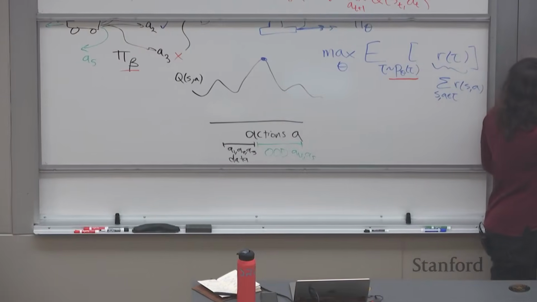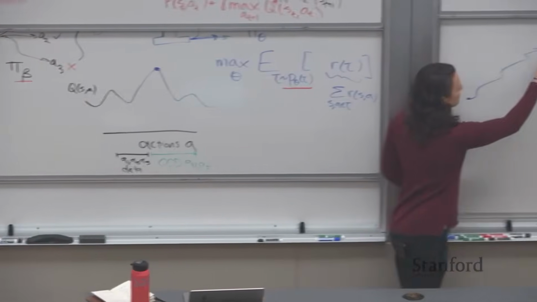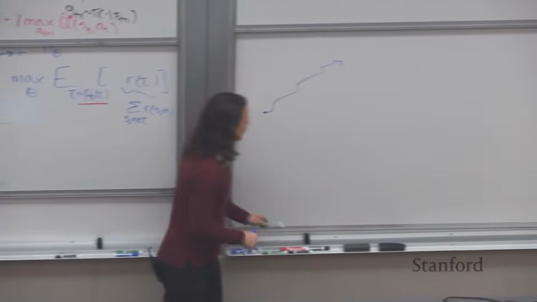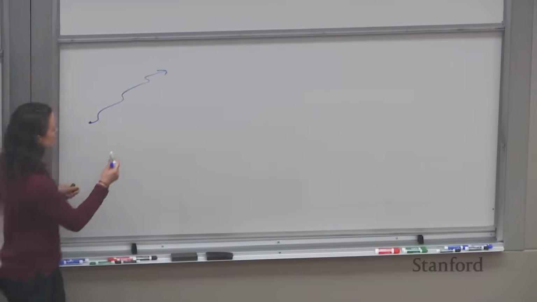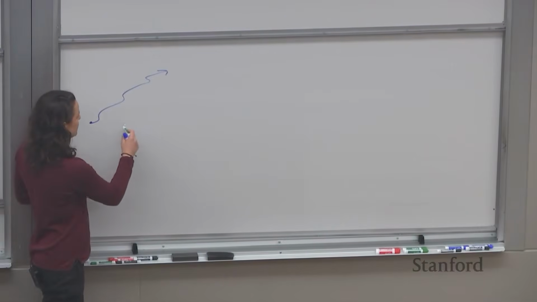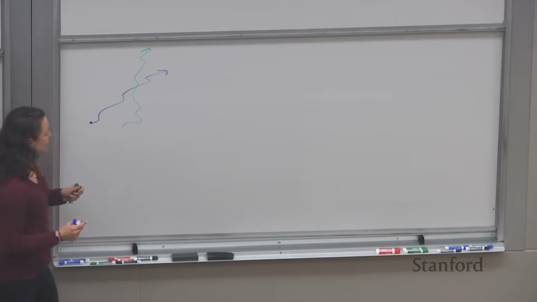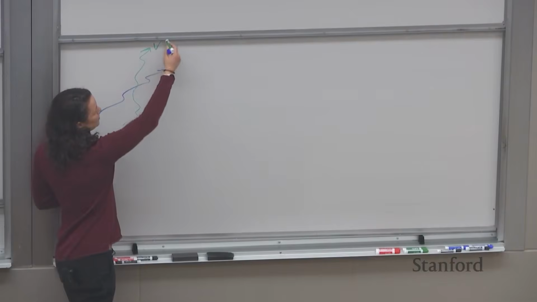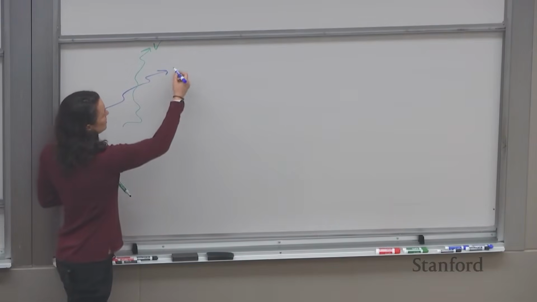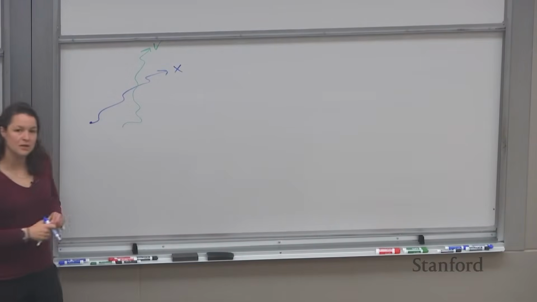Say you have some trajectory in your offline data set that looks something like this, and another trajectory that maybe looks something like this, and say that this one got a good reward at the end, and this one got a negative reward at the end.